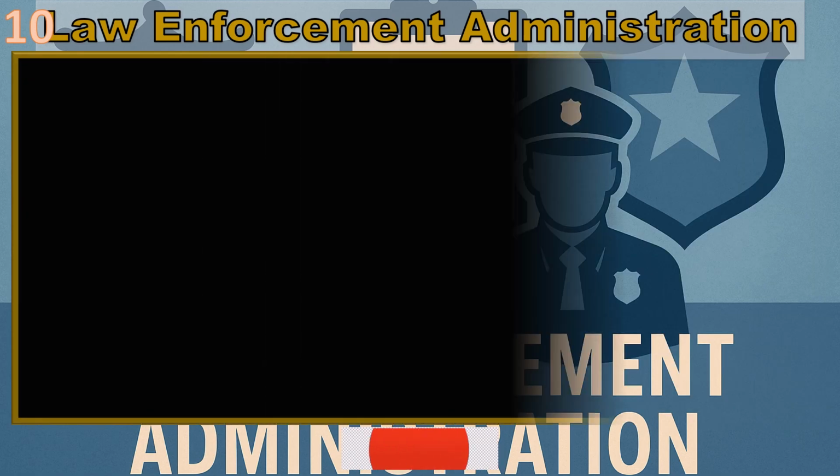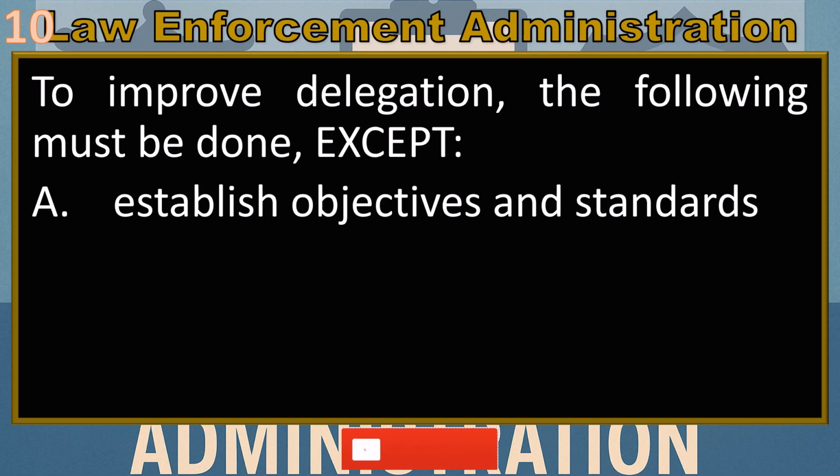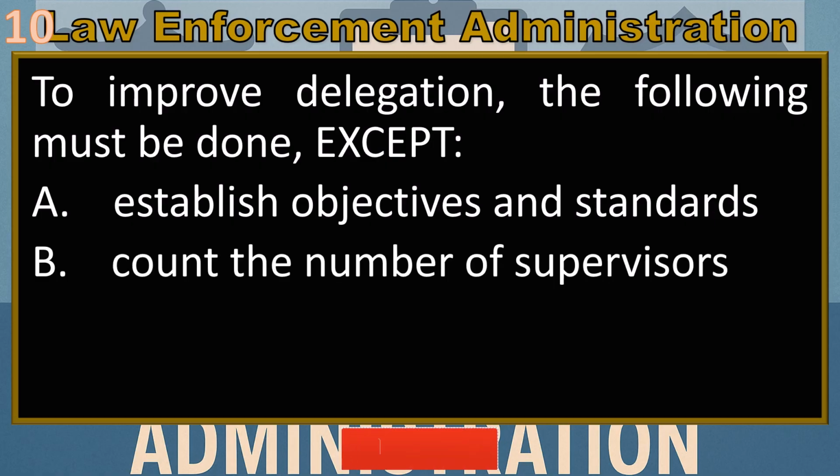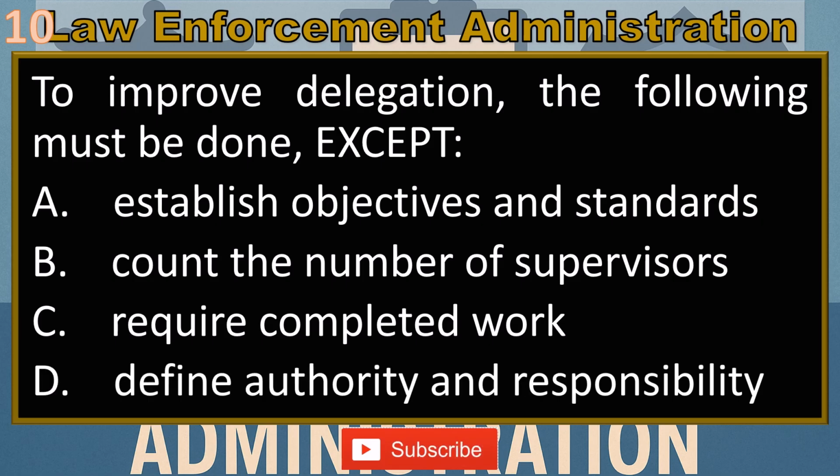To improve delegation, the following must be done, except. Letter A. Establish objectives and standards. Letter B. Count the number of supervisors. Letter C. Require completed work. Letter D. Define authority and responsibility.